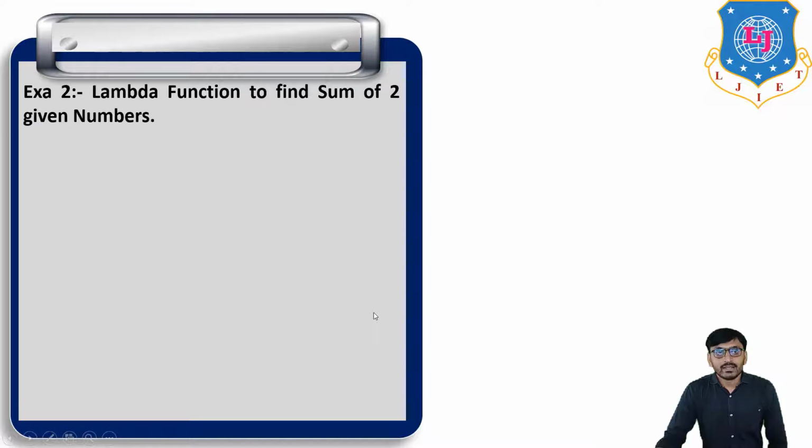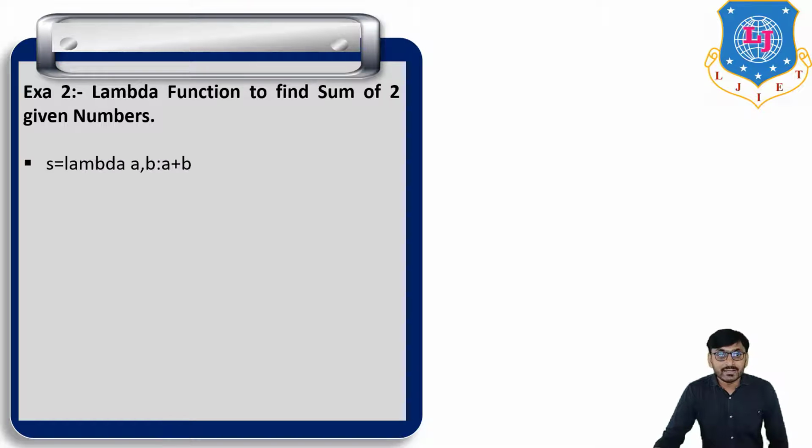Then example number 2, lambda function to find the sum of two given numbers. In this example, there are two given numbers, for example x and y, and we find out the sum of the two given numbers. So x plus y. So there are two arguments, x and y, and the expression is x plus y.